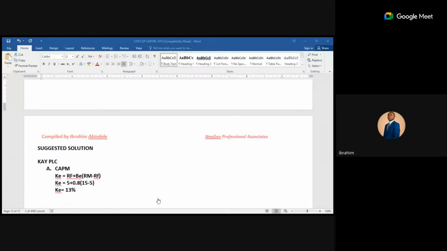And some investors who have risk appetite may want to invest in such a company. So when equity beta is greater than 1, it shows that KPLC's stock is risky. Now, when it is less than 1, it indicates that it is riskless. So there is not much risk attached to it.